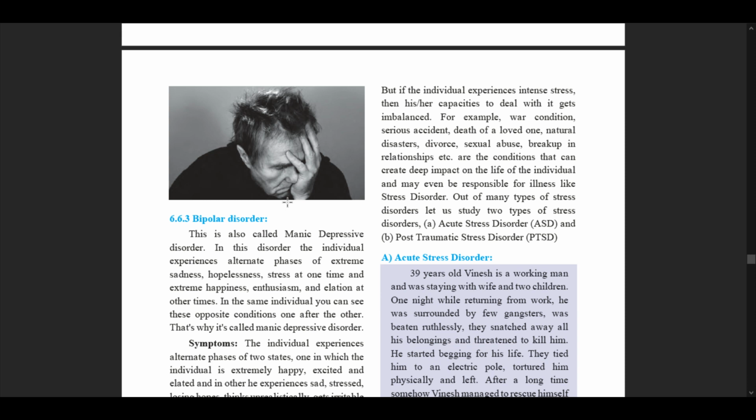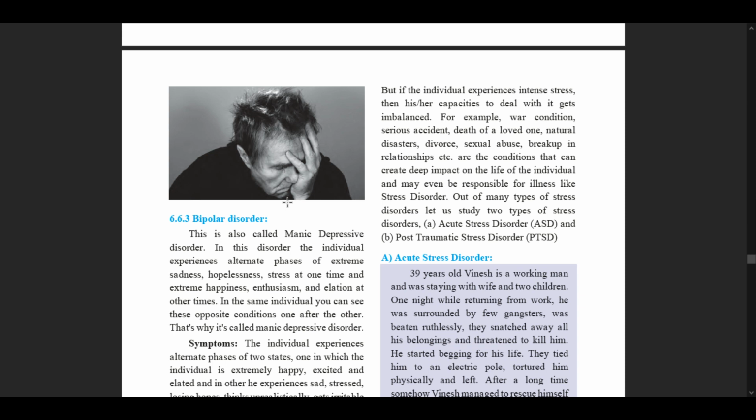For example, war conditions, serious accident, death of a loved one, natural disasters, divorce, sexual abuse, breakup in relationships, etc. are conditions that can create a deep impact on the life of an individual and may even be responsible for illness like stress disorder.